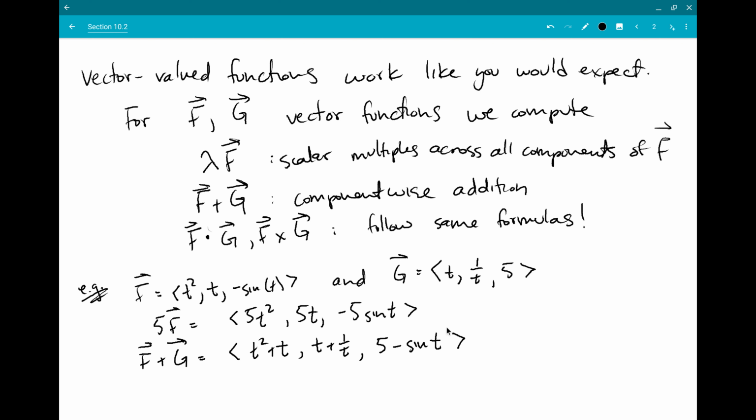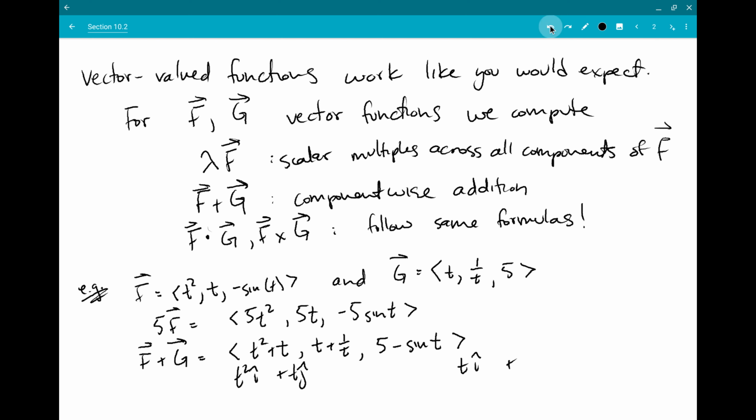The components don't mix. So just remember if you had written this like t squared i hat plus t j hat minus sine t k hat, you'd have the t squared i hat, the 1 over t j hat, 5 k hat. And those components have to match each other for you to add them together.